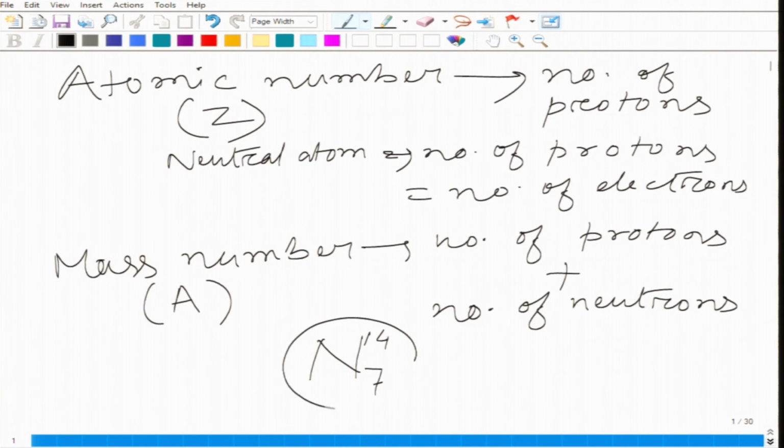So, it is denoted like this, the symbol of the element with atomic number at the bottom and mass number at the top. So, for nitrogen, 7 is the atomic number and 14 is the mass number.